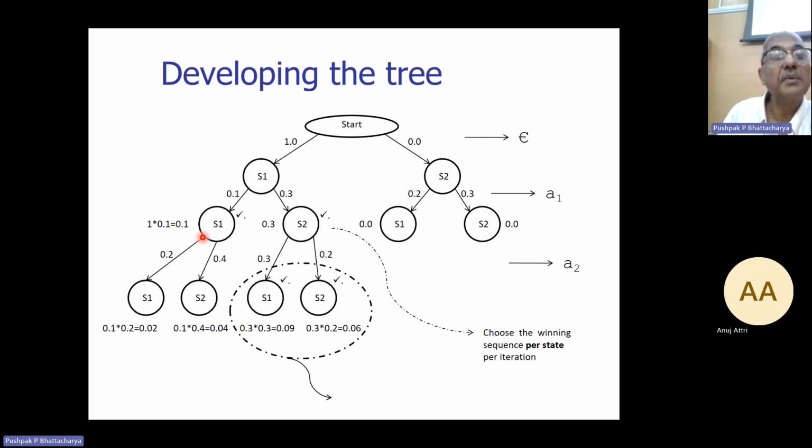So here the accumulated probability is 1 into 0.1, which is 0.1. And after this state, the accumulated probability is 0.1 into 0.2, which is 0.02. Here, the accumulated probability is 0.04. Here it is 0.09, 0.06.